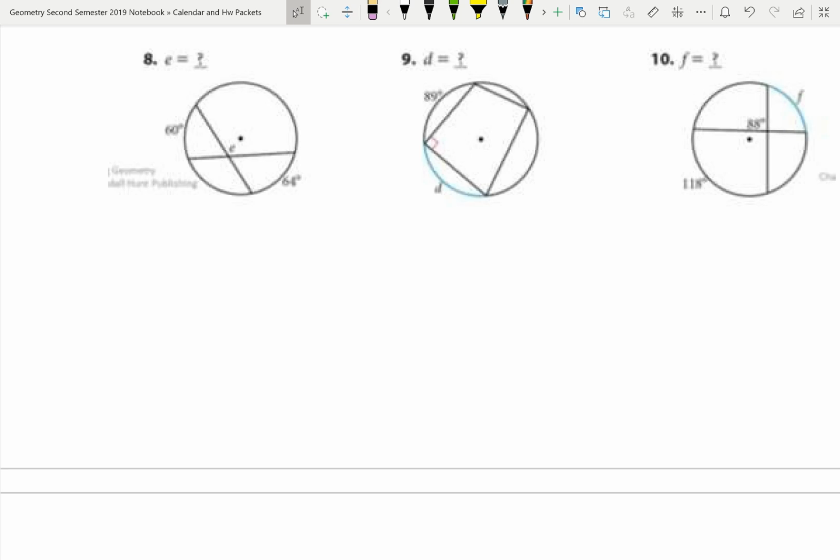This is actually a conjecture that we have not learned. Okay, well, this will not be on the test.